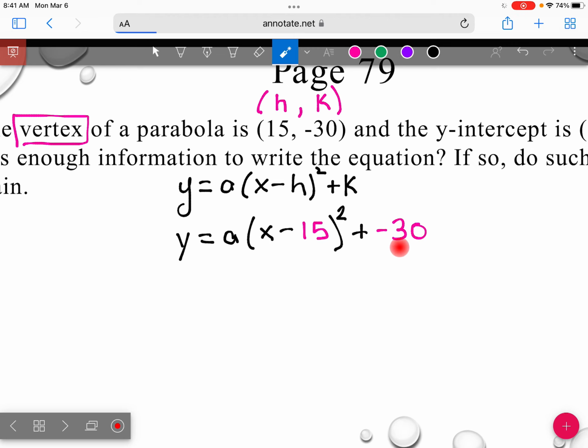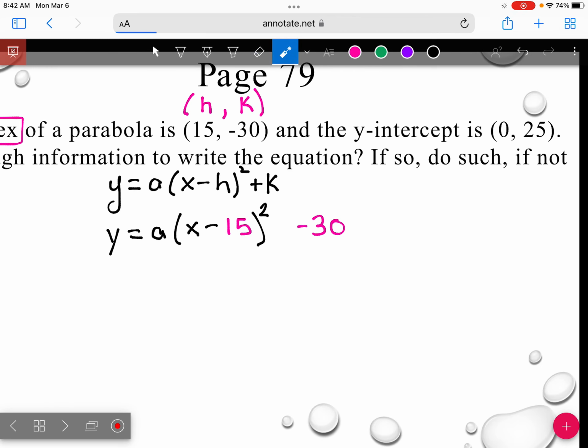Plus negative 30. Does that become a plus or does that become a minus? Minus. I just write it in there so that we see it and remember that this is a plus here. But in reality, you don't have to. Same thing. So that's what I get just from having the vertex and plugging that in.